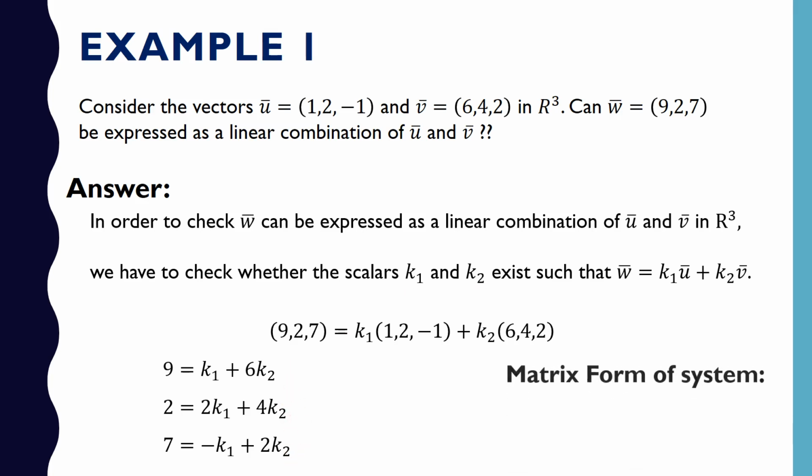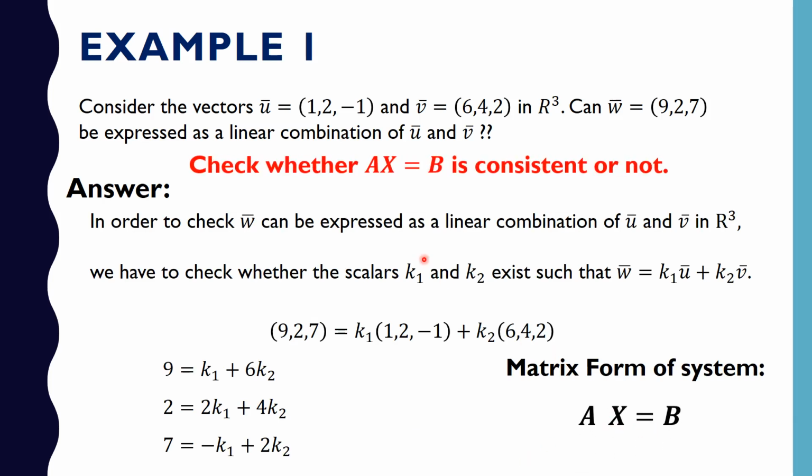So we are trying to put this in a compact matrix form, which is nothing but the form Ax equal to b. Now the problem of checking whether W can be expressed as a linear combination of vectors in R3 reduces to the problem of checking whether the system Ax equal to b is consistent or not.